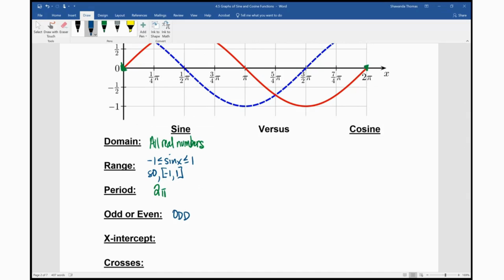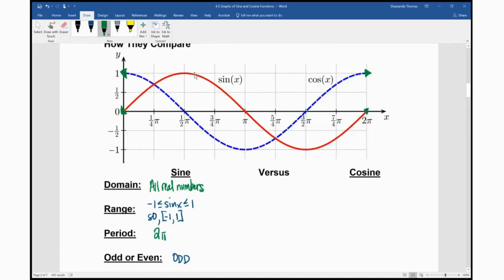It turns out that the x-intercepts for sine are every... let's see. Y'all see that the first one was pi, then another x-intercept at 2 pi, and it continues on every pi.